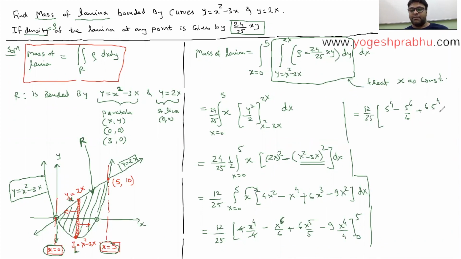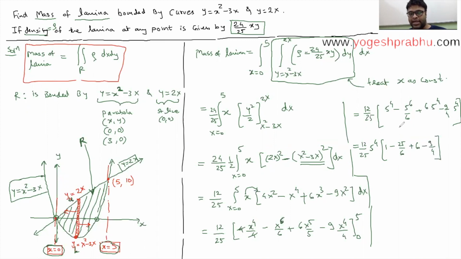And then you have minus 9 by 4, 5 raised to 4, and lower limit is just 0. So I'll take 12 by 25, and 5 raised to 4 I can take out. I see that's the smallest factor here. When I take 5 raised to 4 out, it is 1 minus, this is 5 square, 25 by 6, and then this is just 6, and then this is minus 9 by 4.